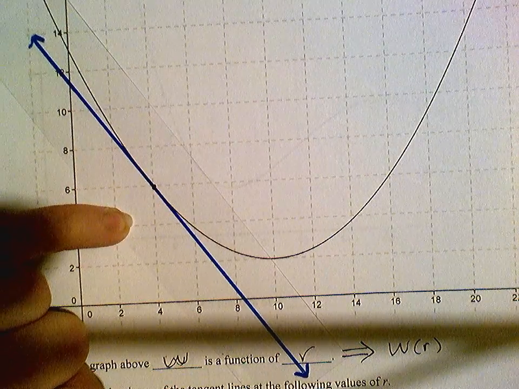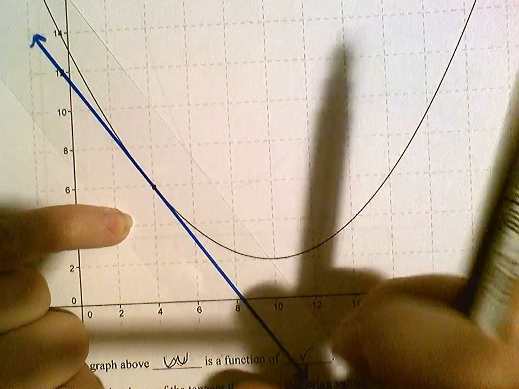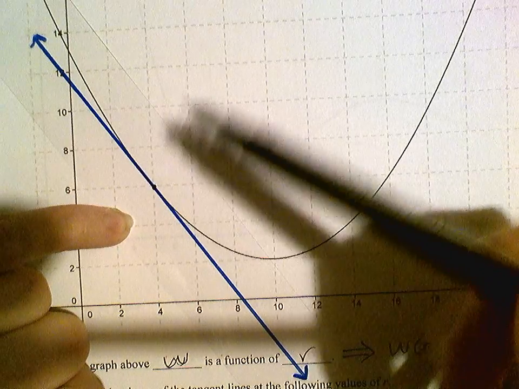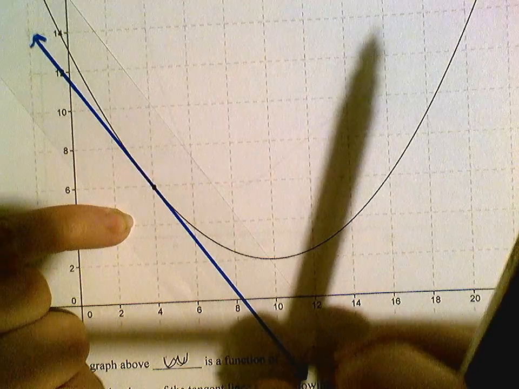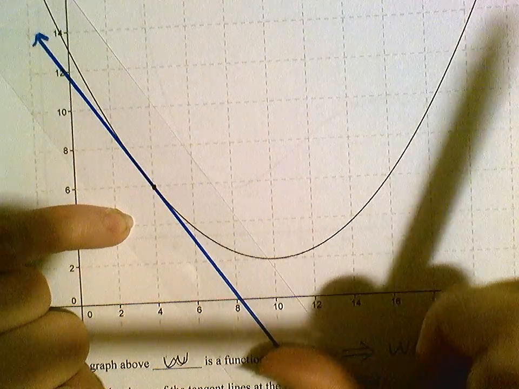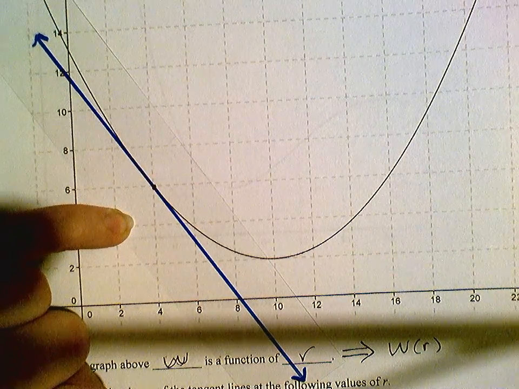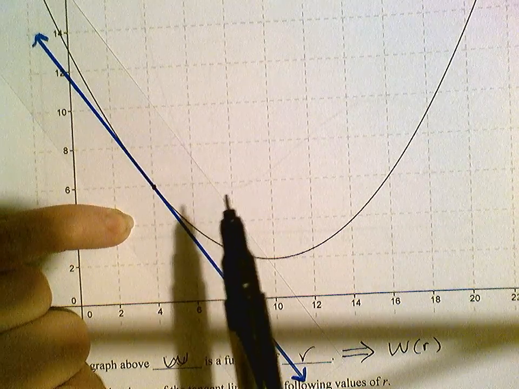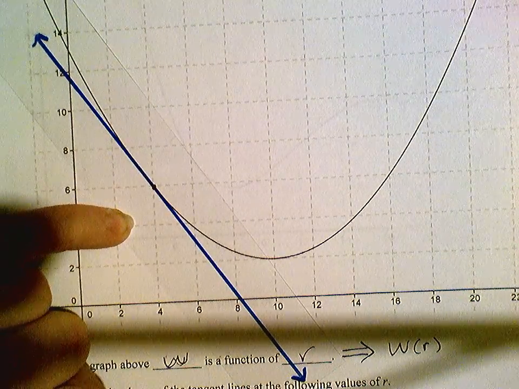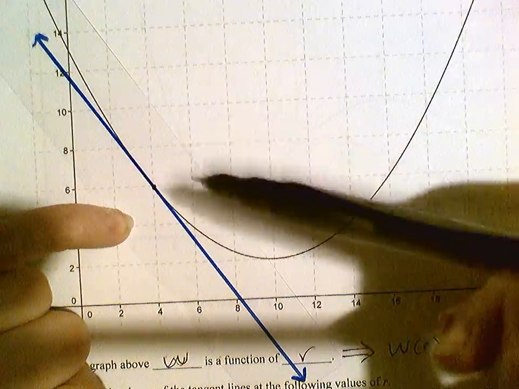Earlier when I did this, I got 6 over 5. Let's see if I get that again. It's important to find a nice point. Where we're starting is a pretty nice point, and then I see another pretty nice point there. It's not right on the corner of a box, but it's a 0.5, and this is going up by increments of 2, so that's not too bad.